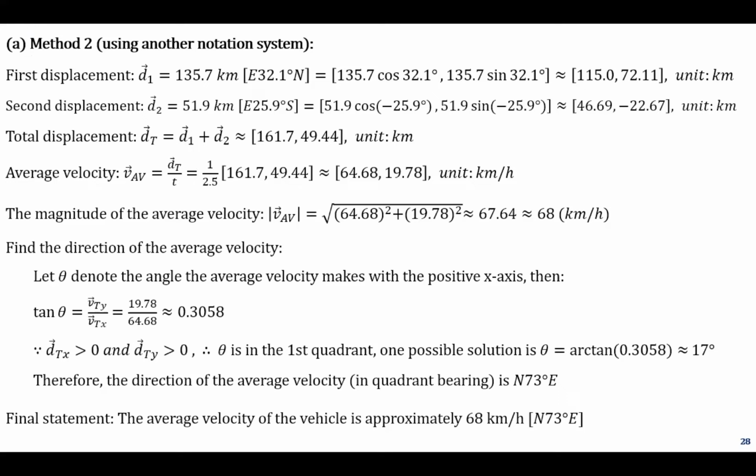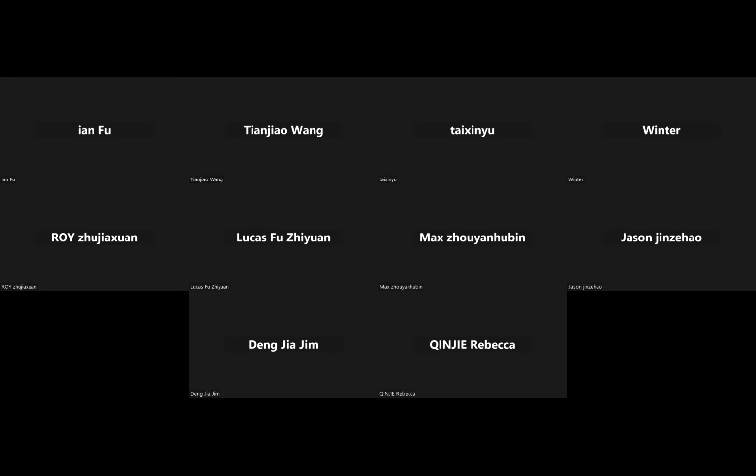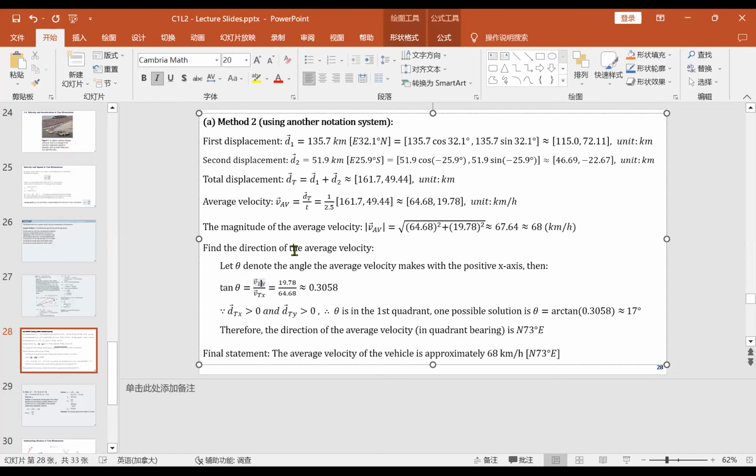If we use the components for V, there is no need to write T here. So just use V_y and V_x to denote the two components here.